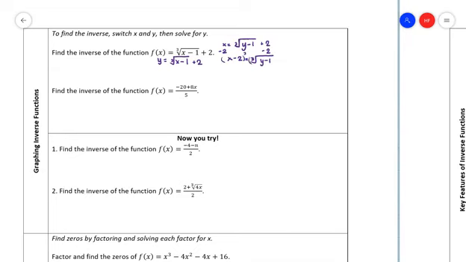And I'll cube that. And I get x minus 2 cubed equals y minus 1. Add 1. And so my inverse function equals x minus 2 all cubed plus 1.